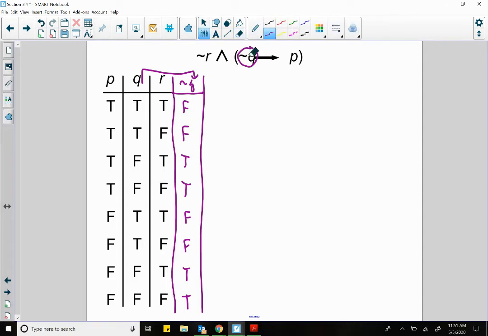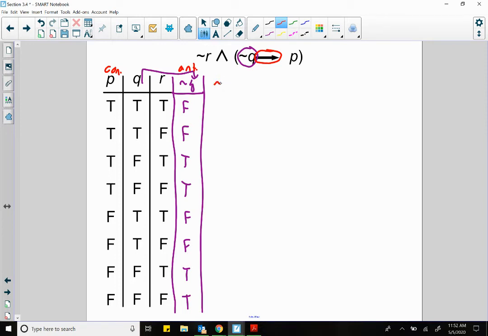Now, do we have any ands or ors in here? Nope. Do I have a conditional? Absolutely. So we're going to deal with the conditional right here. So the negate Q is the antecedent, because it is in front of the arrow. So I'm going to put ant on negate Q. The P that comes after the arrow, that's the consequent. Okay?